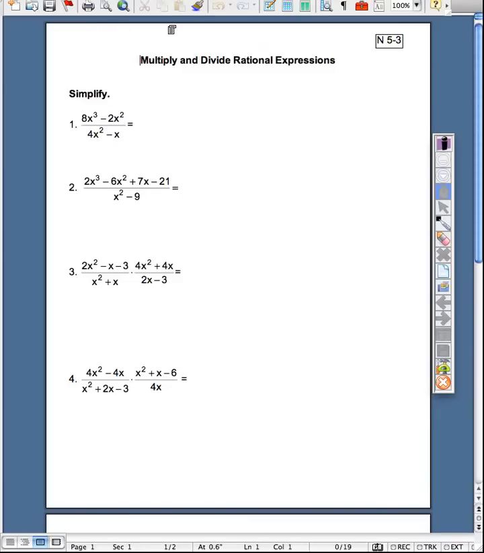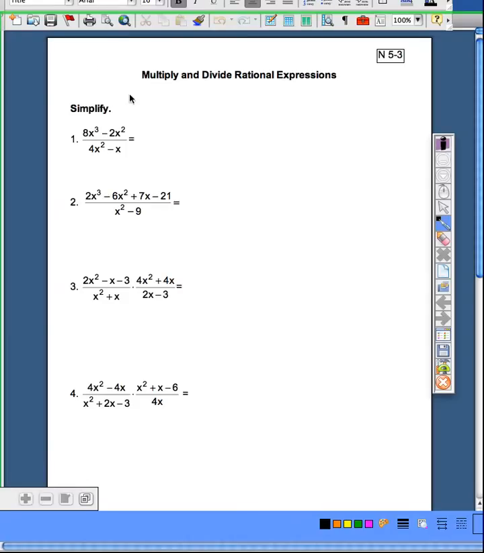Now, I want to remind you what it was like when you would multiply fractions. Suppose I want to multiply 3 halves by 4 sixths by 2 fifths. Remember that we can multiply all the way across the top and get 3 times 4 is 12 times 2 is 24.